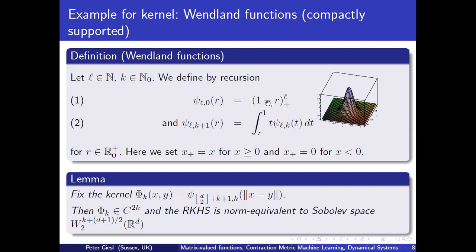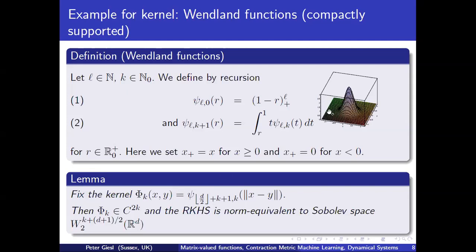So it's this polynomial (1 - r) to the power of L, and then they're defined by recursion with respect to the second component by this integration. So the psi is a function of r, and we can use this psi with argument x minus y to have a kernel in these two arguments x and y.